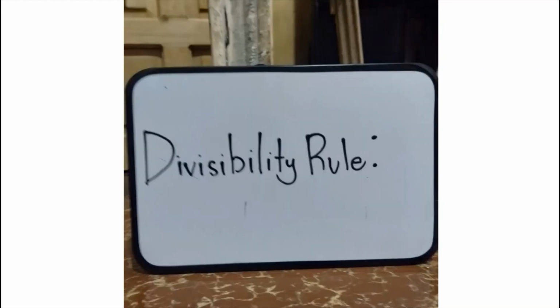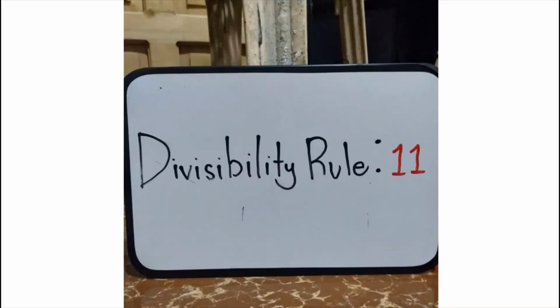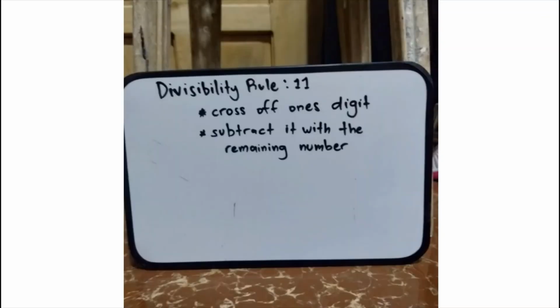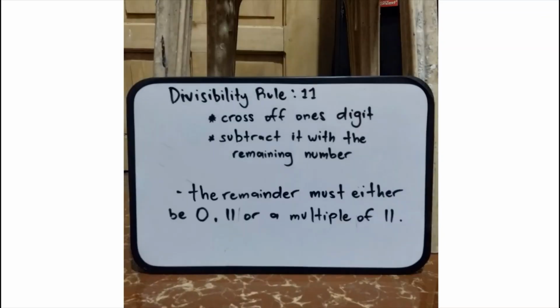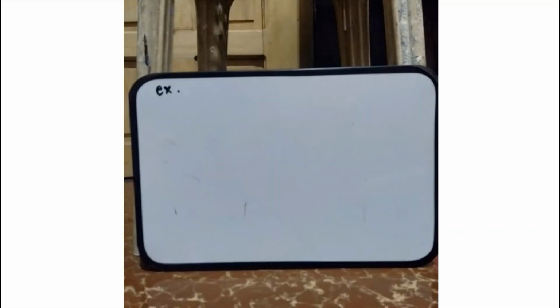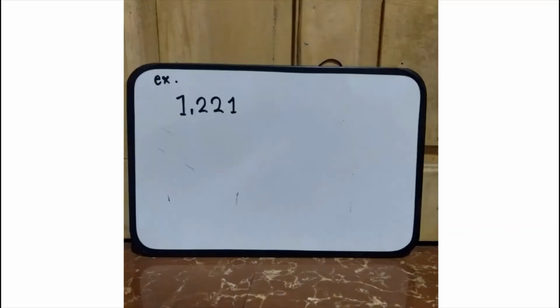Divisibility rule 11. Let's take the ones digit and cross it off and subtract it from the remaining number. If the remainder is either 0, 11, or a multiple of 11, then the number is divisible by 11. Let's have an example. 1221.